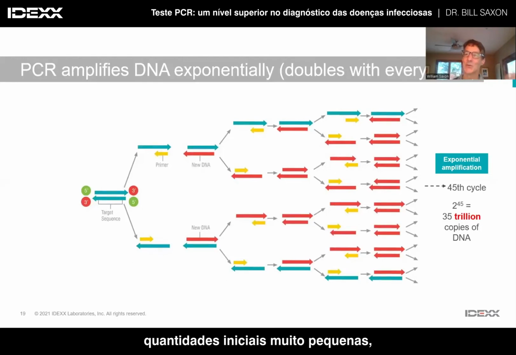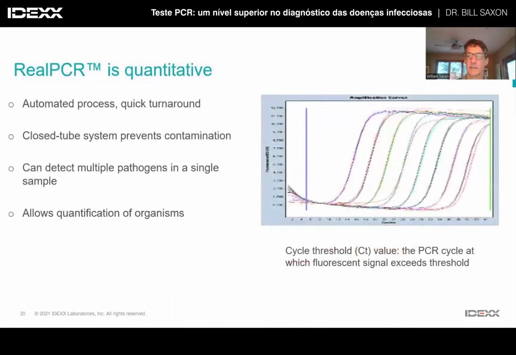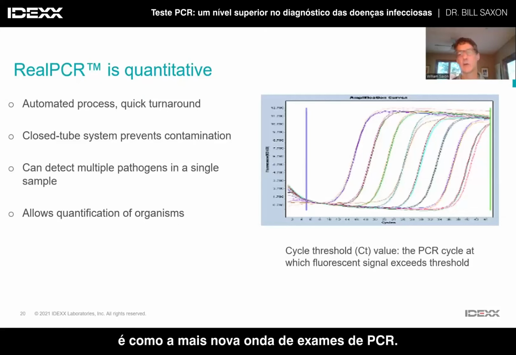Therefore you can detect very small initial amounts because of this amplification process. This type of PCR is also the newest wave of PCR testing. It's very unlikely to have any sort of contamination. It's a closed system with very tight quality controls. It is really a game changer in terms of how accurate PCR tests are.